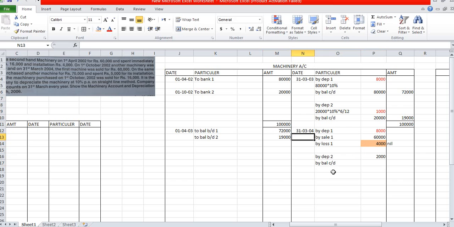Present we have 19,000, right, here 19,000. This is the depreciation amount. Here we will get, after deducting, 17,000 only. Okay, at the same year 31st March 2004, we are purchasing one more machine.